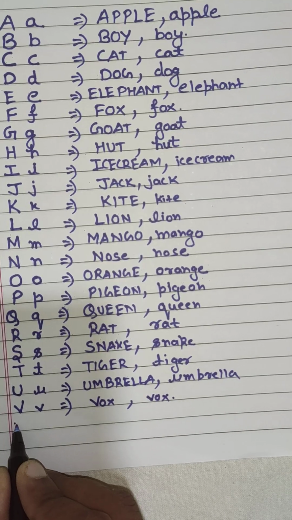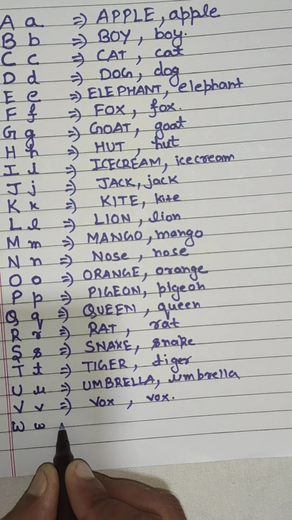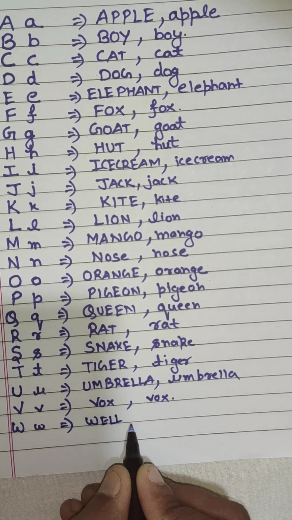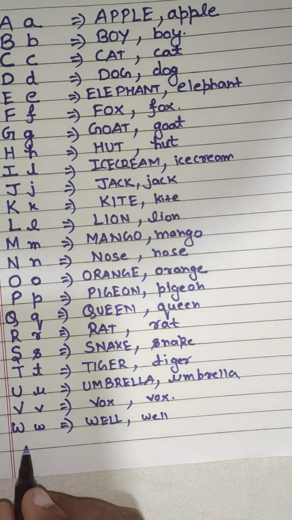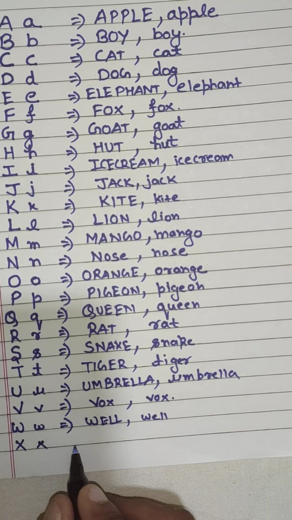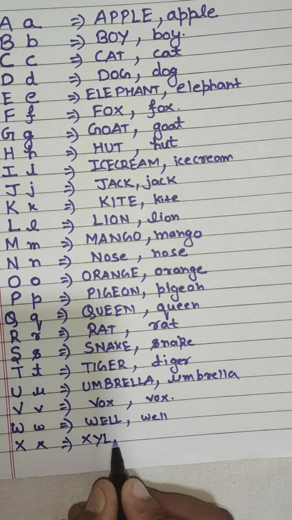And again we will write in uppercase W, and in lowercase w, and W for whale. Whale. And again X, capital X, and small x, and we will write X for xylophone.